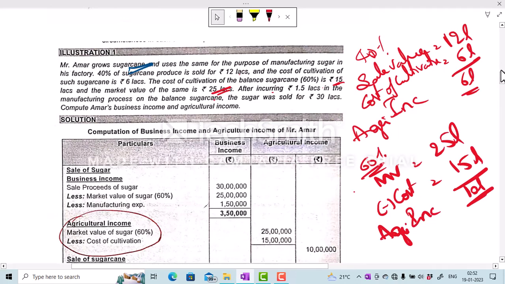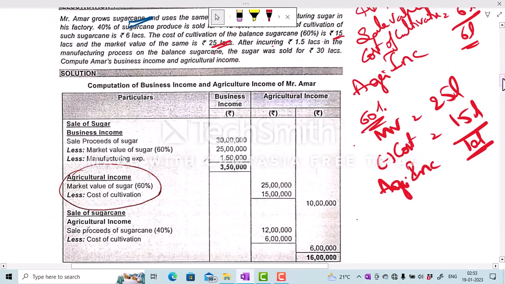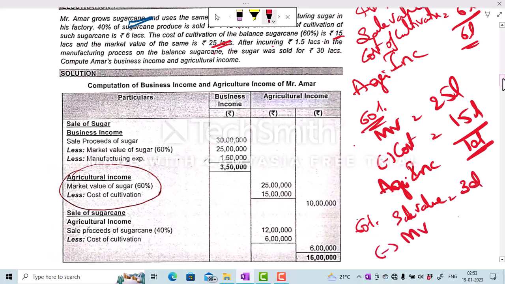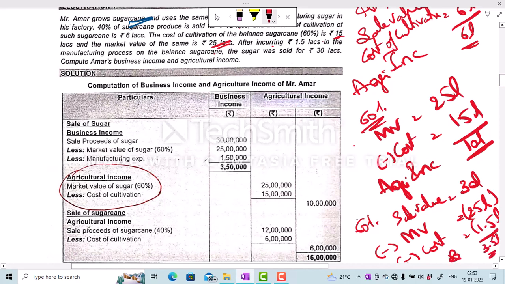And next, we have incurred 1.5 lakhs to process and sell the sugar. For that 60%, the sale value of sugar is 30 lakhs, and for the market value, because we got sugarcane into this, we did not get it for free, so that 25 lakhs we need to deduct, and the cost incurred is 1.5 lakhs. 3.5 lakhs will be the business income, which is taxable.